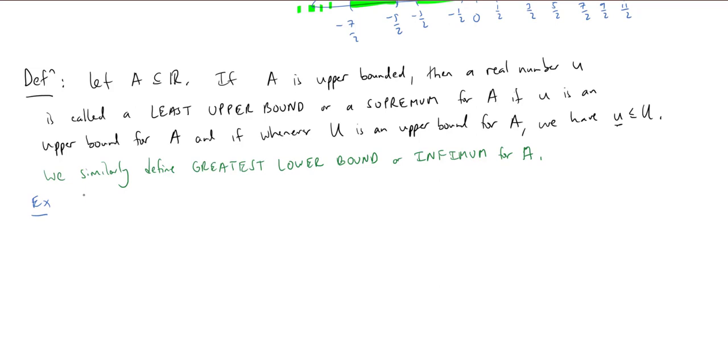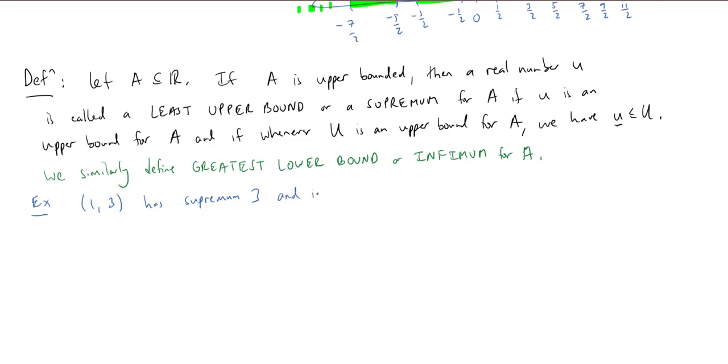Okay, so let's do a couple examples here. So if I take the interval 1, 3, then of all of the upper bounds, 3 is the smallest one. So this has supremum 3. And of all of the lower bounds, 1 is the largest of them.